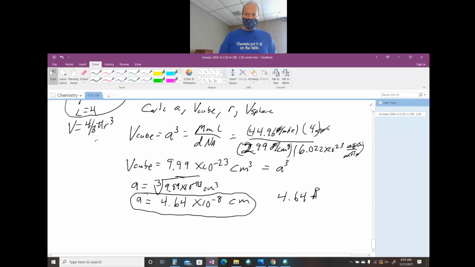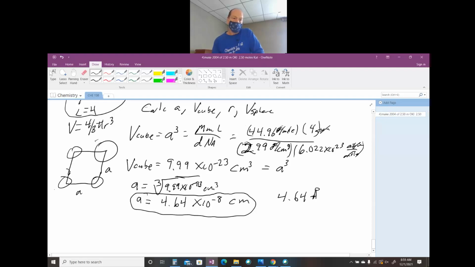All right, so now we need the radius. All right, and so remember how we did the face centered. When you do the radius of face centered, you got your A value. Face centered is going to have 1 at each corner, and then 1 in the center.